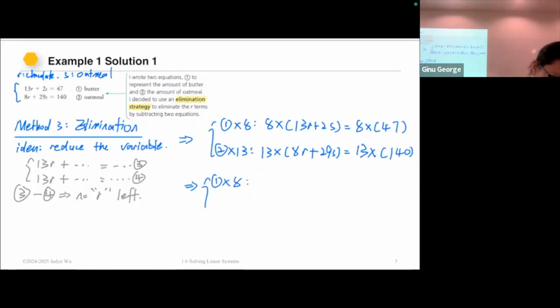So the equation I'll derive will be 104R plus 16S equals 1820.